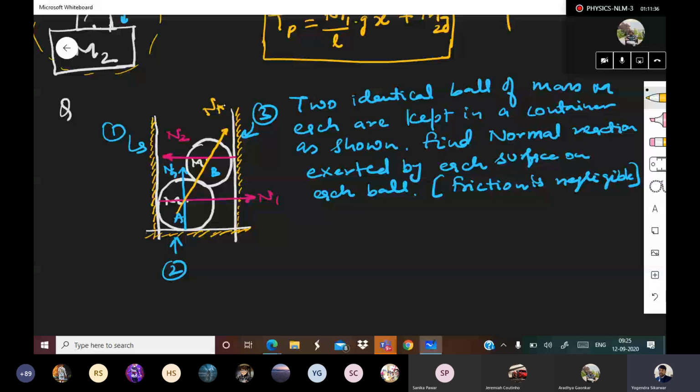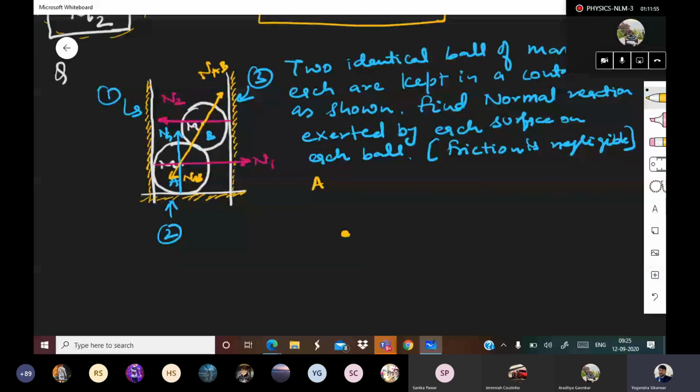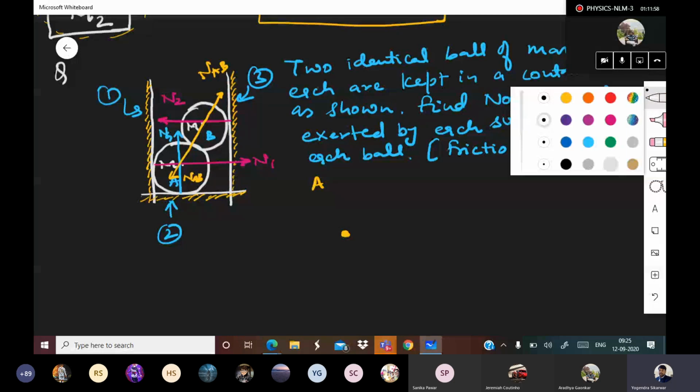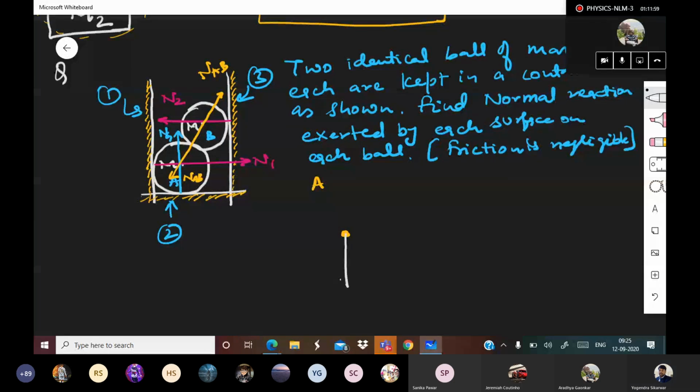So for example, now if I take A out, so this is A. I'm drawing A as a point mass. So MAG will be acting downward and MA is M only.